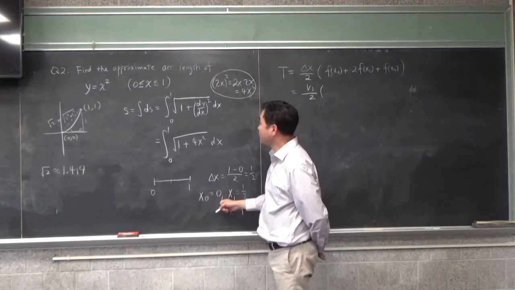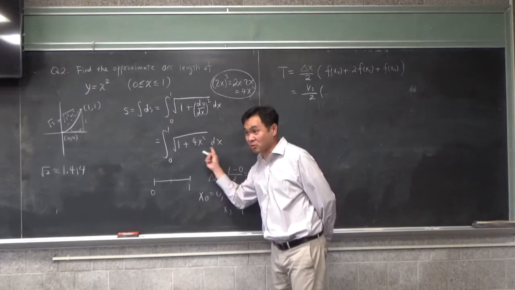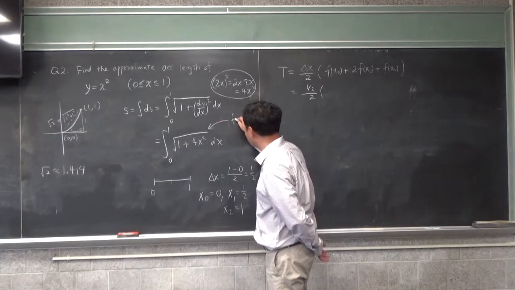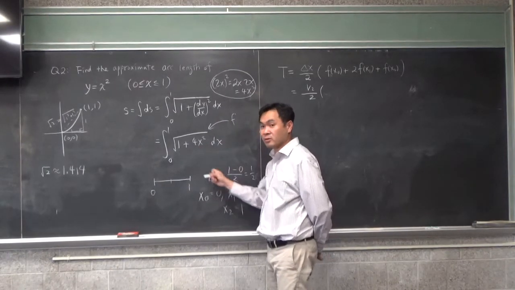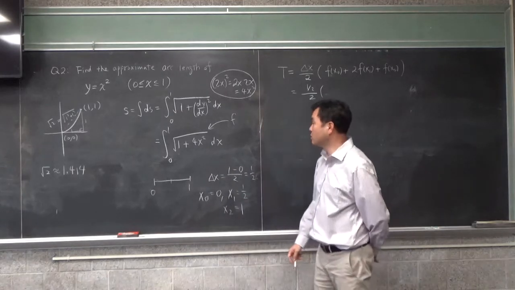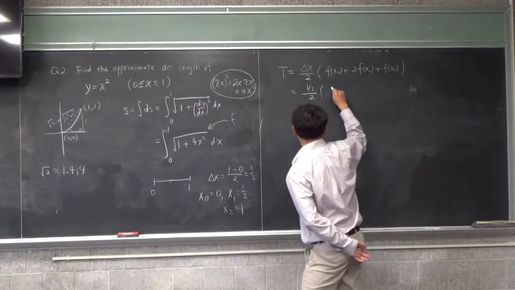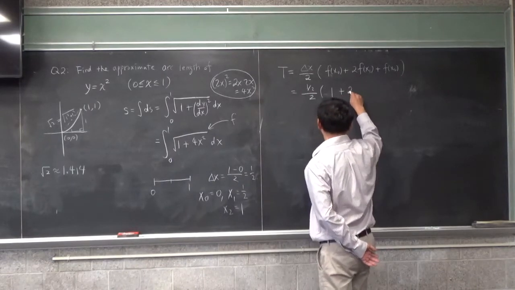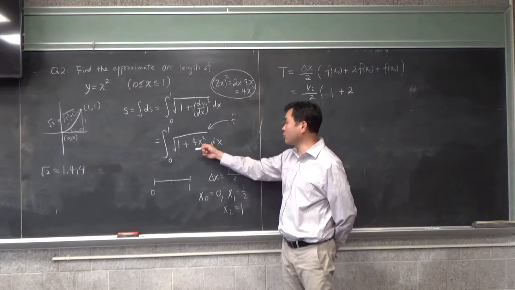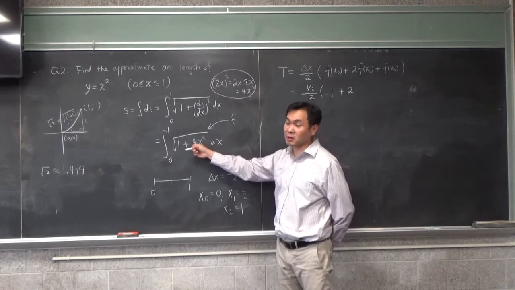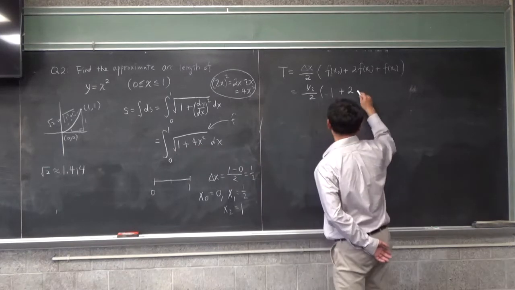f is not that one, but this one, because we're trying to find the approximate value of this. Okay, so this is our f. What's f evaluated at 0? 1. If you plug in 0, you get square root of 1. You get 1. Okay, twice. What's f evaluated at 1/2? Well, 1/2 squared is 1/4 times 4 is 1. 1 plus 1 is 2. So square root of 2.